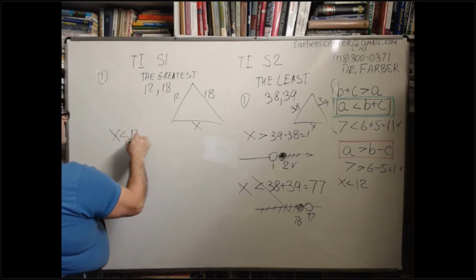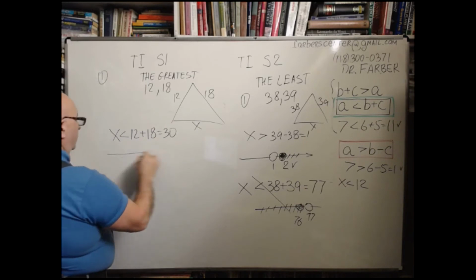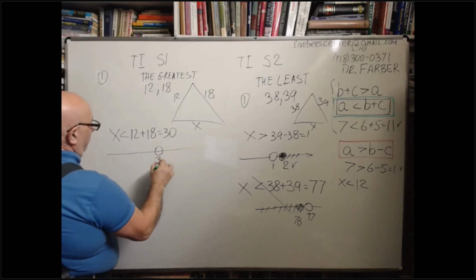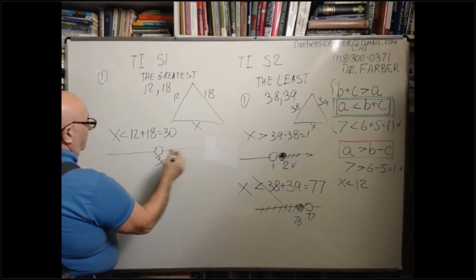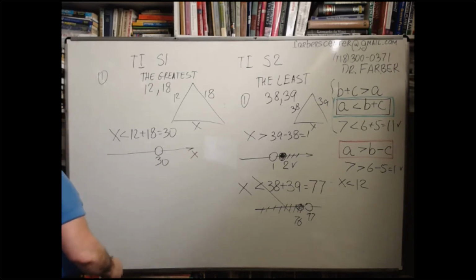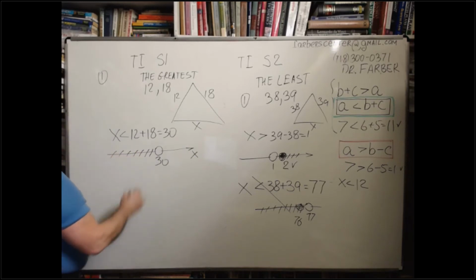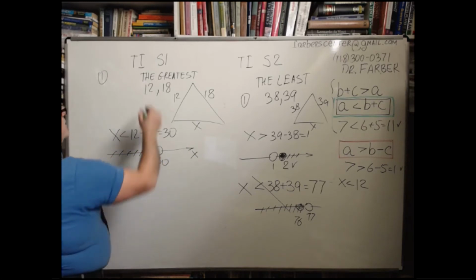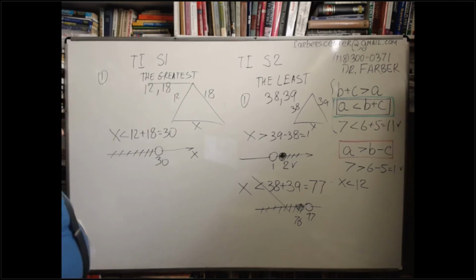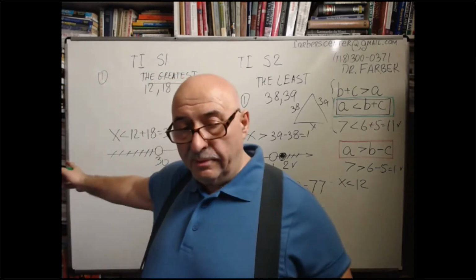X is less than 12 plus 18, which is 30. Make a number line, this is 30. The number line name is X. And move to the left. And the greatest is, help me with this. What is the greatest from this picture?